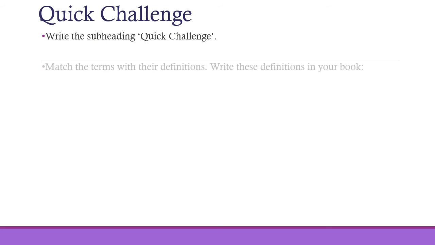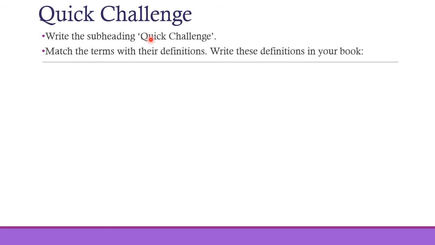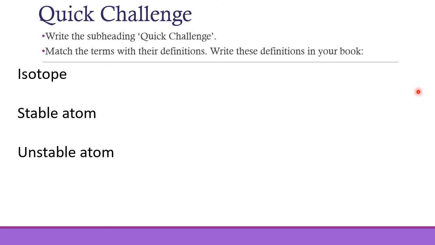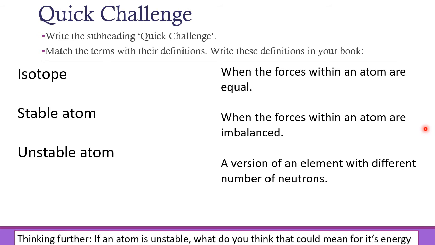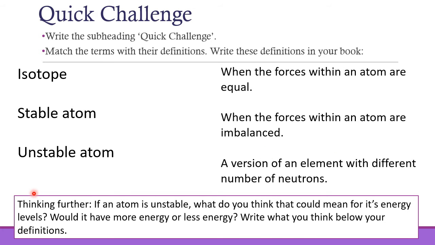Now, for a quick challenge, can we please write the subheading "Quick Challenge" and try and match these terms with their different definitions in your book? So it just acts as a mini little recap of what we've learned so far because it's very important. So we have isotope, stable atom, and unstable atom, and we have the 3 definitions to the right-hand side. And as a mini little extension, you can think further.